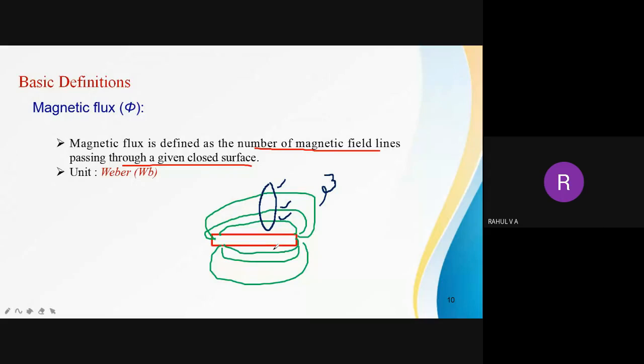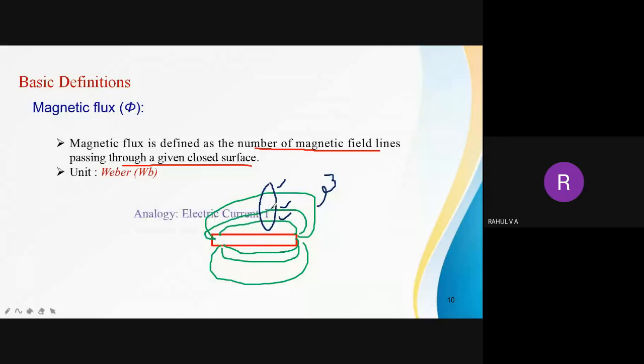So we have seen there is a magnet, and around that magnet a lot of flux lines are passing. If you consider a closed path, magnetic flux is the magnetic lines of force passing through that closed path, and its unit is Weber. The unit of magnetic flux is Weber. So it is similar to current.